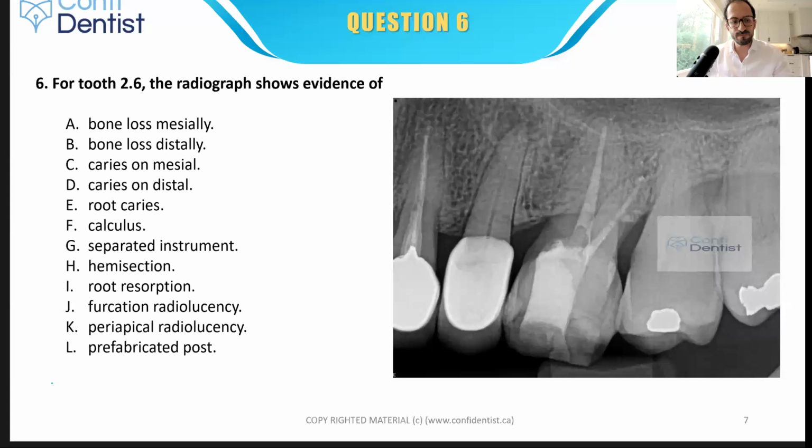Question number 6, 98 seconds. What about the shadow of the bone you see?